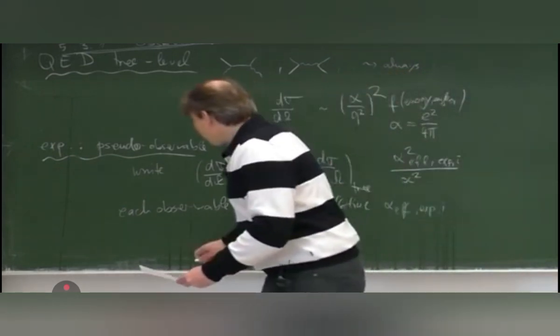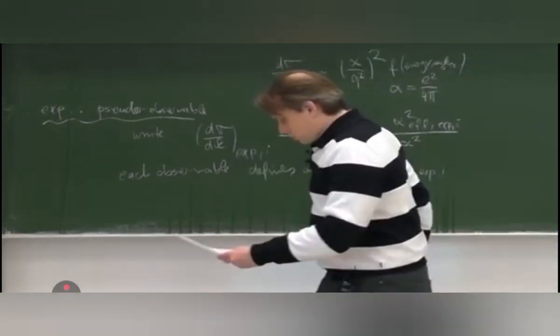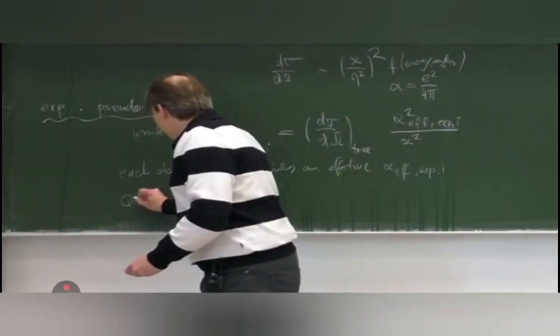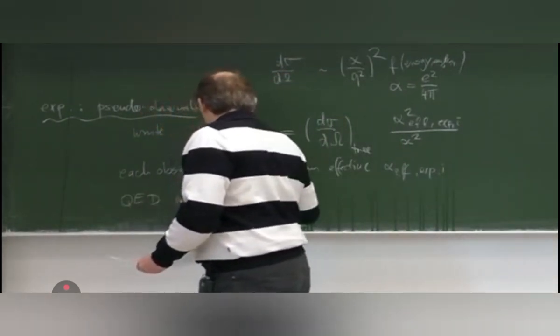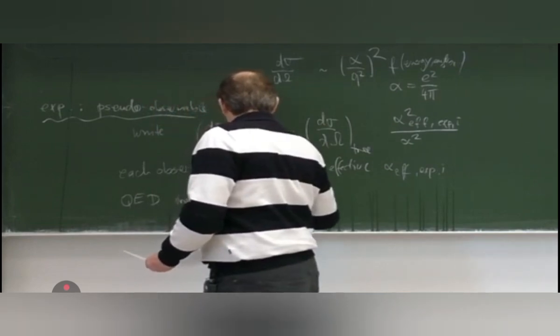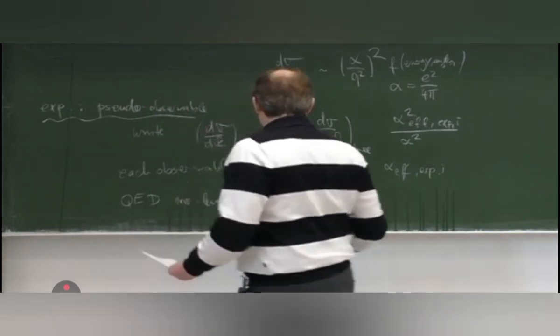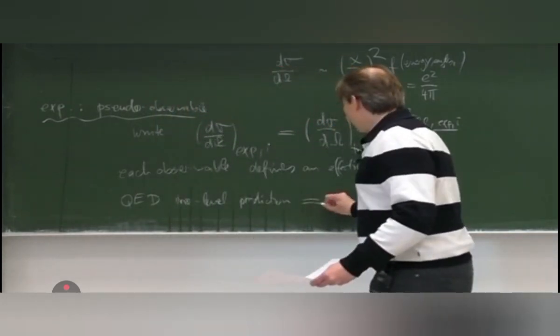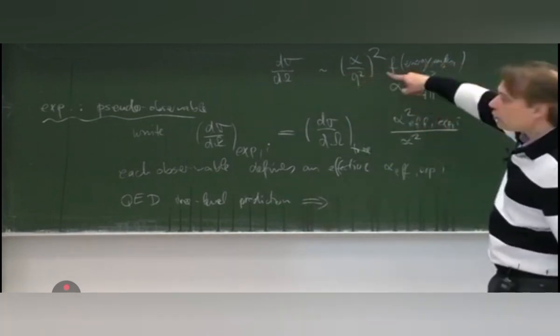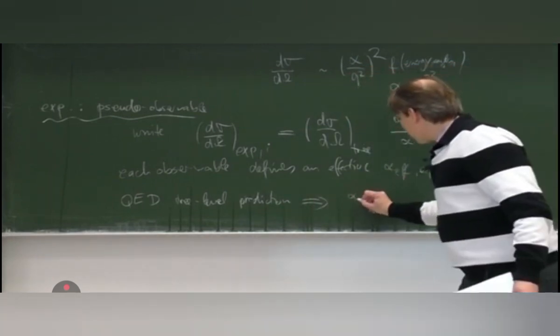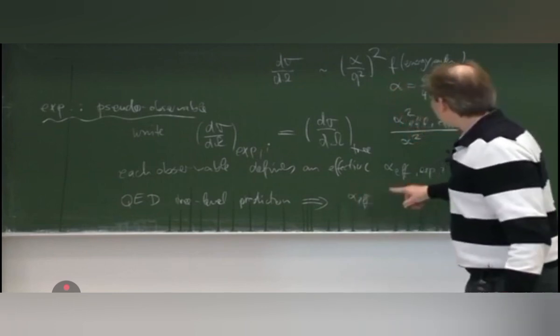And what we have learned from before, the QED tree-level prediction exists, and the QED tree-level prediction would of course be, by construction, that all of those effective alphas are predicted to be the theory alpha.